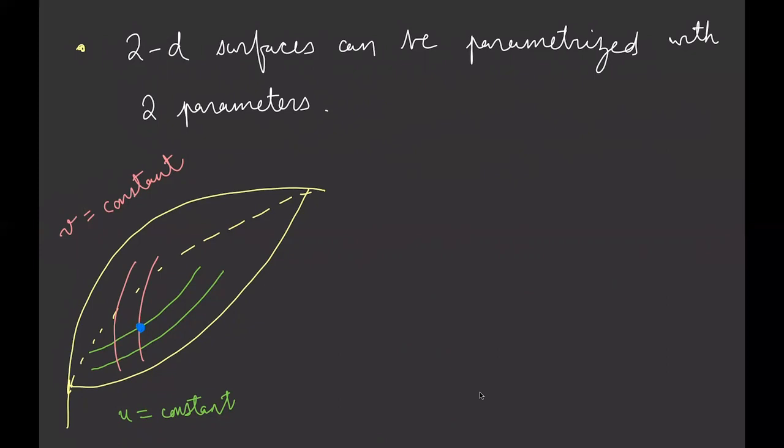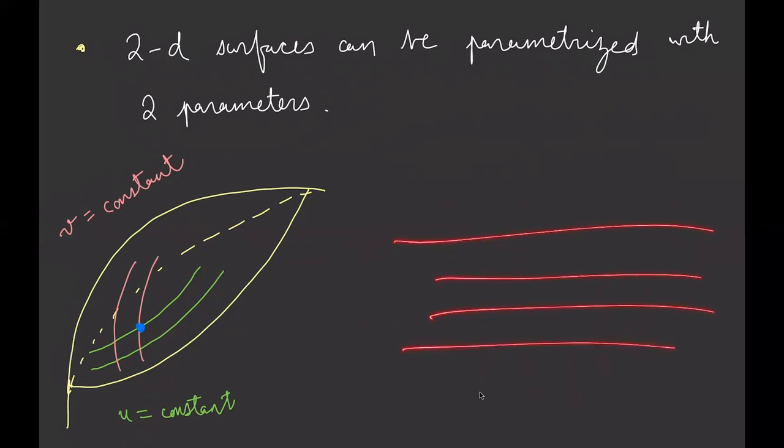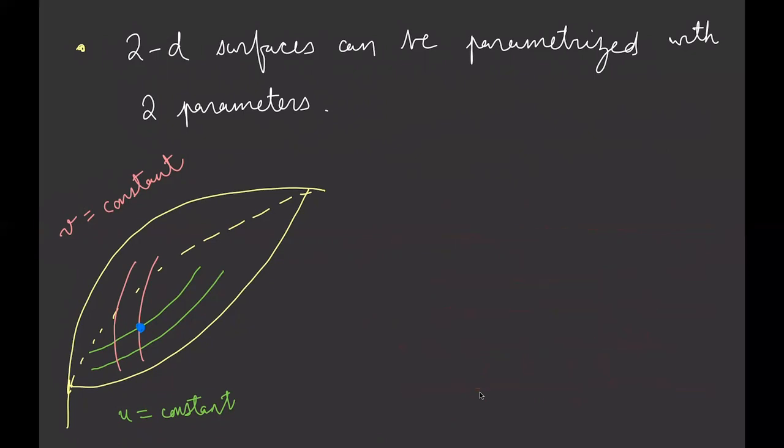One way of thinking about the coordinate system is that in your standard rectangular coordinate system x and y, you have x equals constant lines which look like that, and y equals constant lines which look like that. Any general point is a point of intersection between an x equals constant line and a y equals constant line. So x and y are coordinates, and you can think of these as parameters as well.